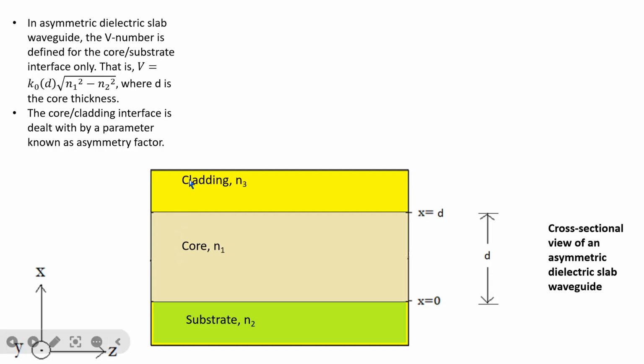And the cladding layer and the substrate layer may not be the same. In this case, it is a situation of asymmetry. So we are going to use the asymmetry factor to account for these asymmetric conditions.